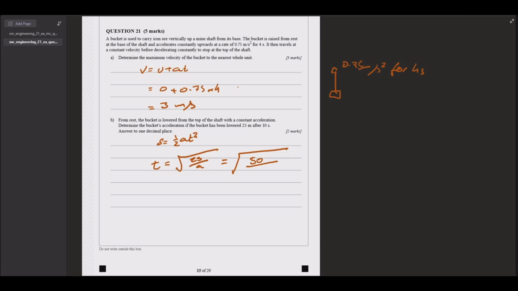Substitute... why did I rearrange for t? I'm looking for a. Whoops. A is 2s on t squared, and that is 50 over 100. That's half. Answer to one decimal place, yep.